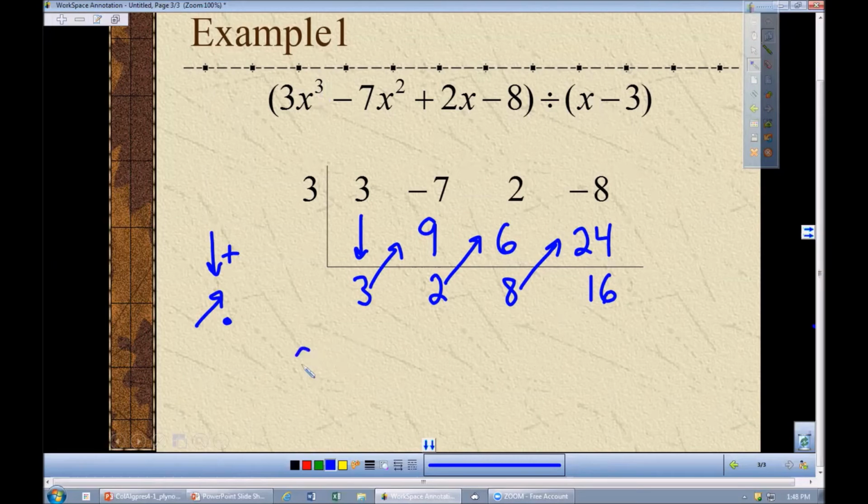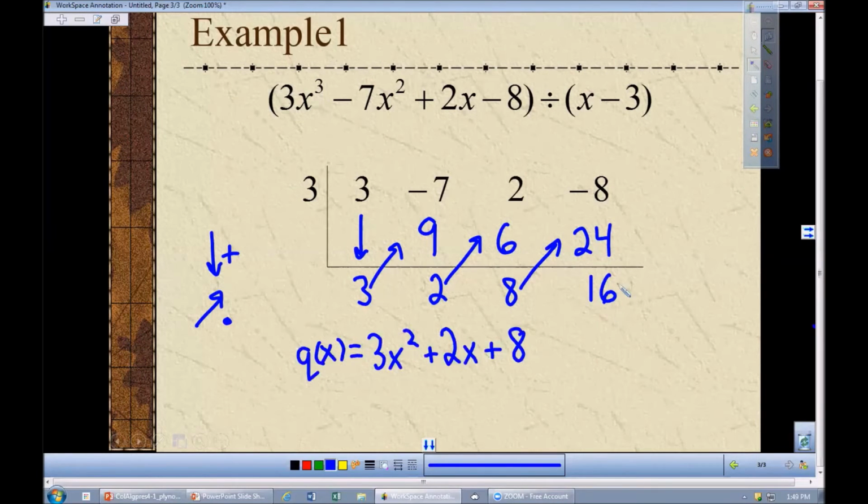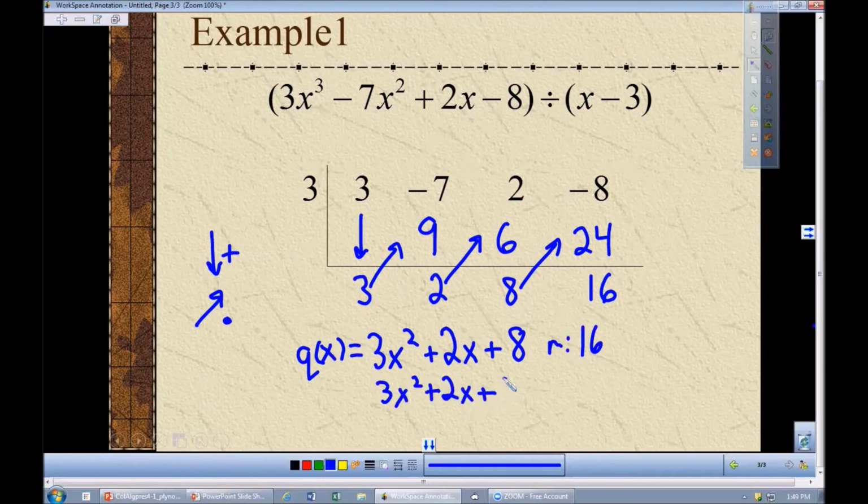So our quotient, q of x, is 3x squared plus 2x plus 8. And what am I going to do with this number here? This is our remainder. We can write remainder 16. Another option is to write 3x squared plus 2x plus 8 and add 16 over x minus 3.